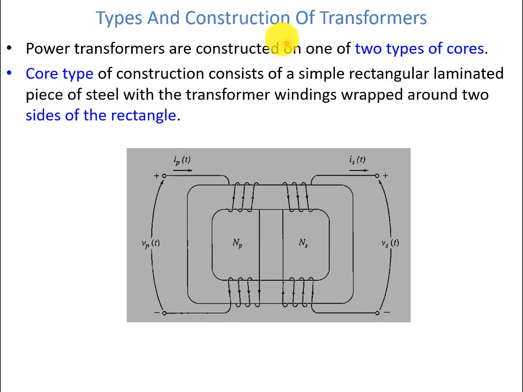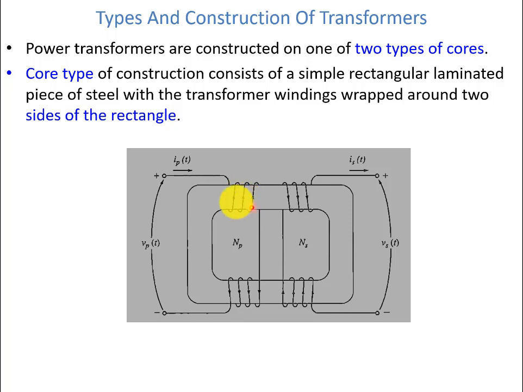Now, types and constructions of a transformer. Power transformers are constructed on one of two types of cores. One is known as the core type of construction, which consists of simple rectangular laminated pieces of steel with the transformer windings wrapped around two sides of the rectangle.